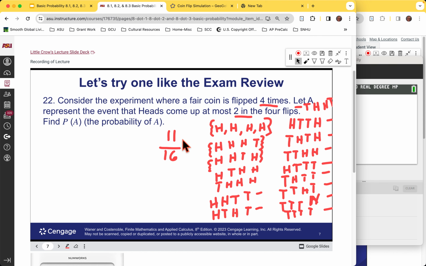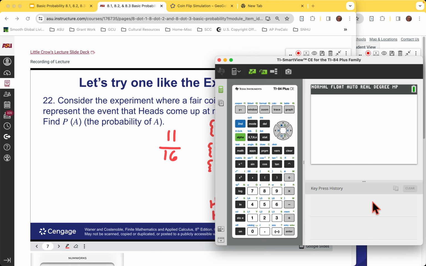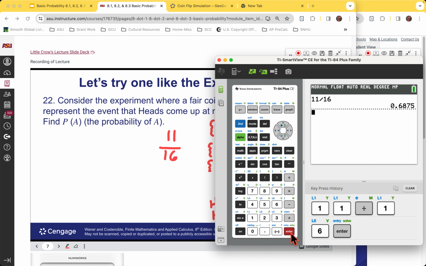Does that make sense? And so I can leave this as one way of writing probability, and sometimes they're going to ask you to leave it as a fraction, 11/16. Other times we'll turn it into a decimal. So that's 0.6875.